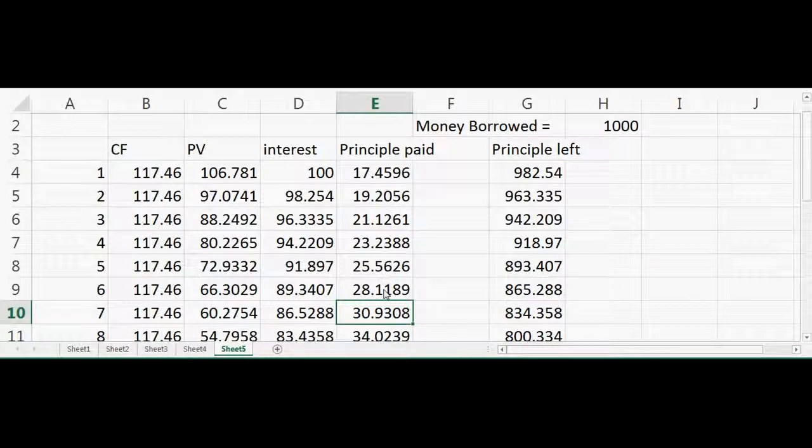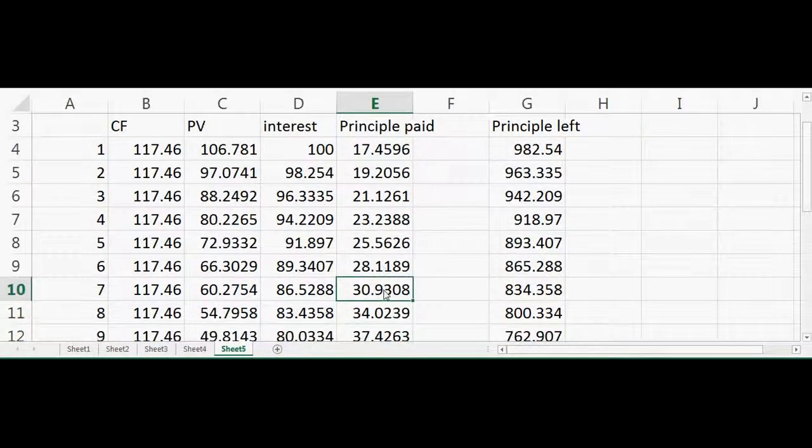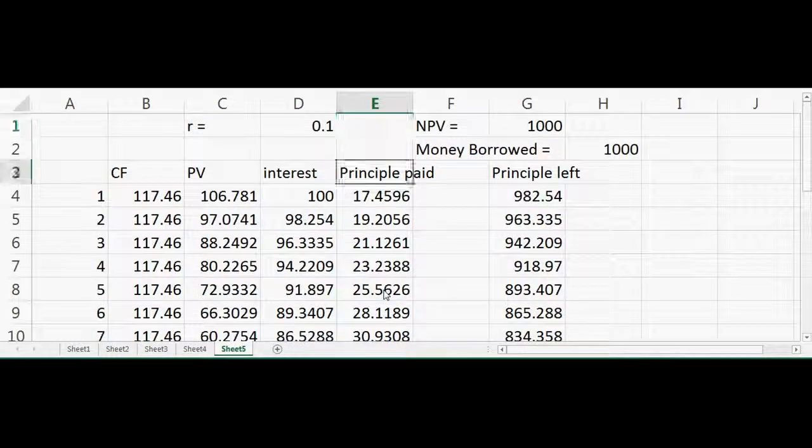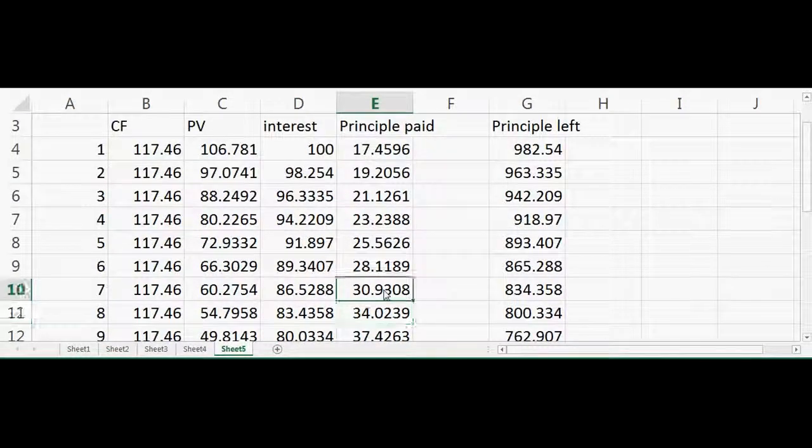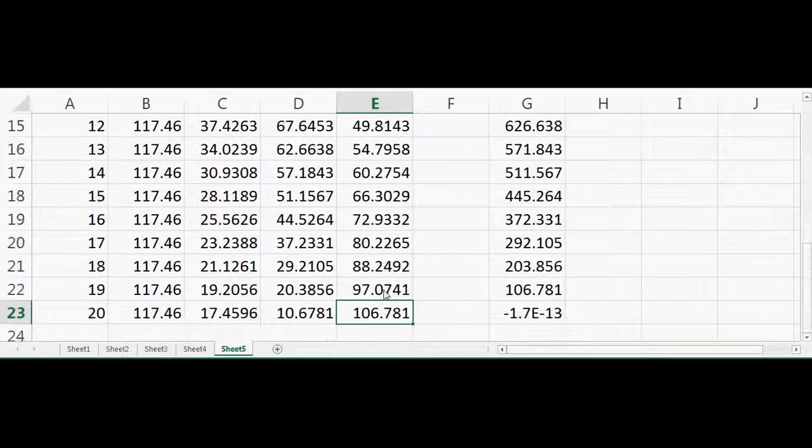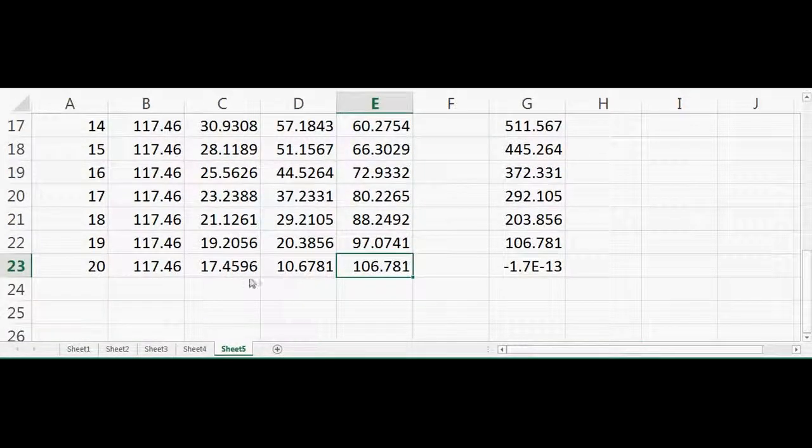So we can see that at the end of 20 years he will be paying $10 as interest and 106 as principal. So the interest amount is very low and it will leave him with a zero balance. So here it is giving 1.7 times 10 to the minus 13, which is 0, but because it's Excel, it calculates to a very long decimal point, so it should be 0.